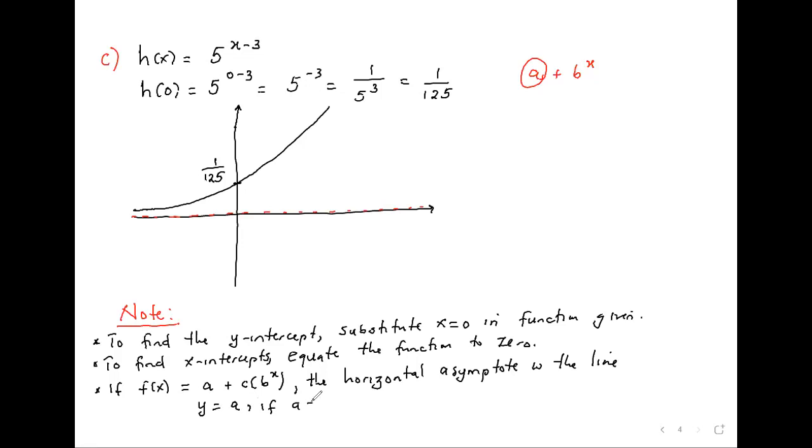If a is 0, then the x-axis is the asymptote.